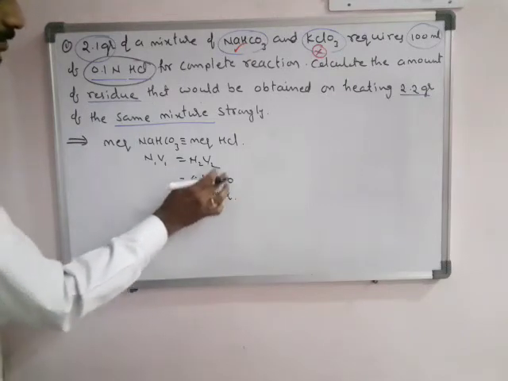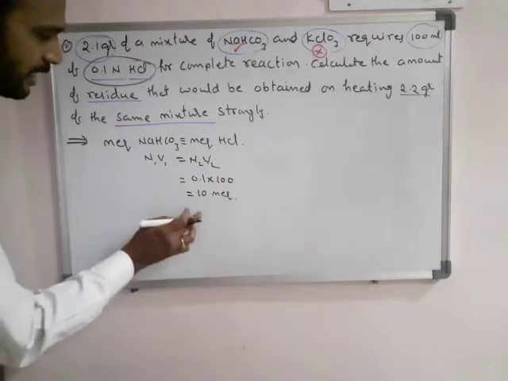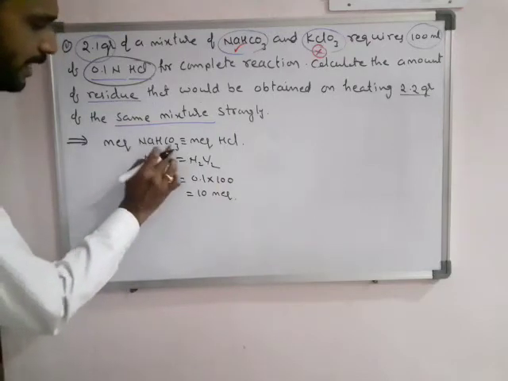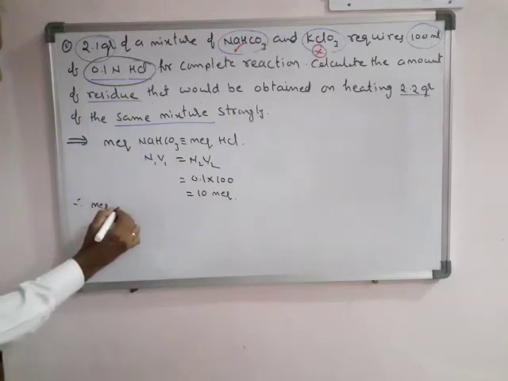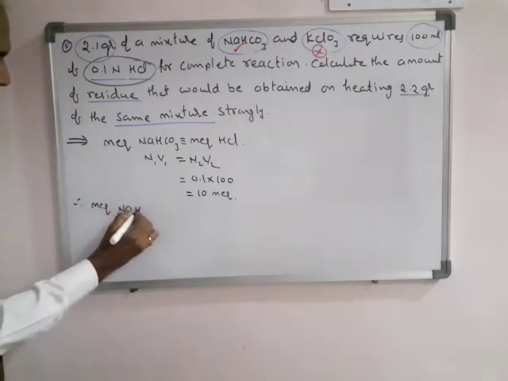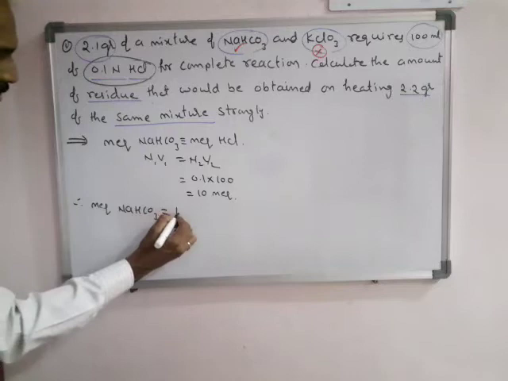This is 10 milli equivalents of HCl, which is equal to the milli equivalents of NaHCO3. So therefore milli equivalents of NaHCO3 is equal to 10.